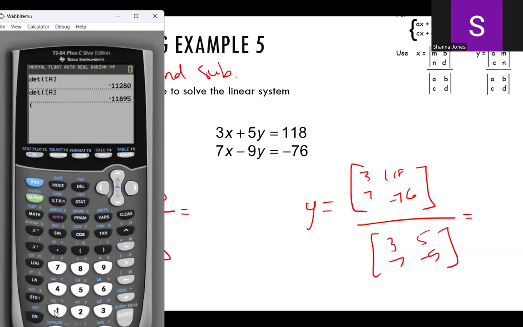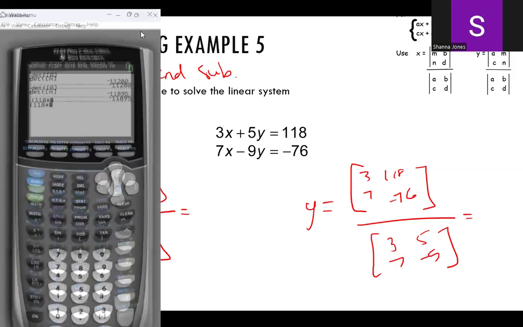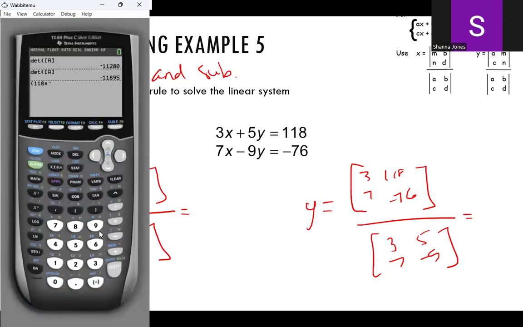So we have 118 times -9 minus -76 times 5. So that's my numerator, which is -682.